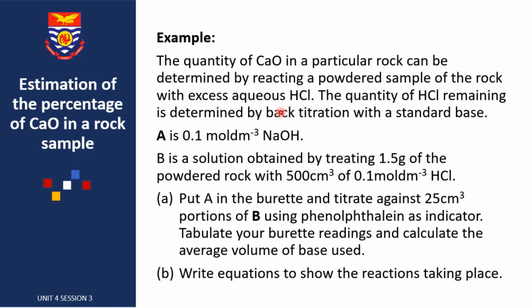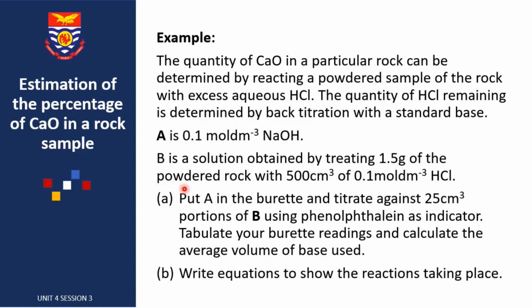So we are going to find the excess HCl, and then we can look at the portion that was consumed by the rock sample. But we cannot start from this part. We can only start from this solution A, where we have the concentration, and we can interpret this because we will have the volume as well. Knowing this, we are good to go.